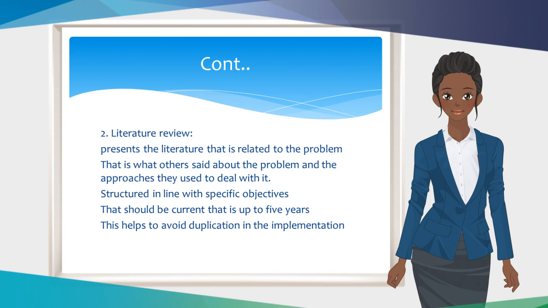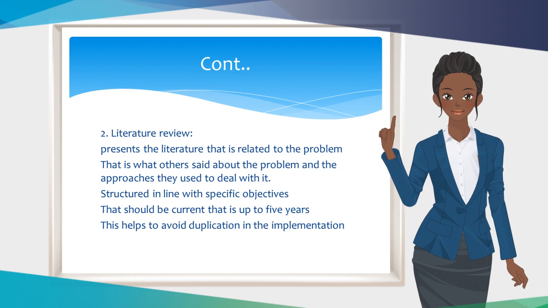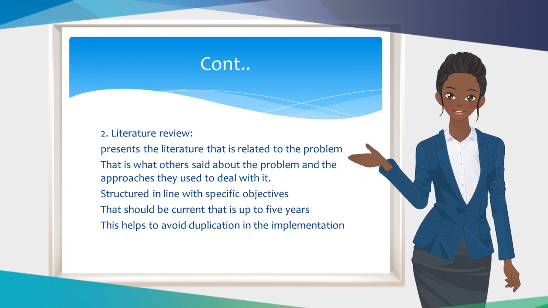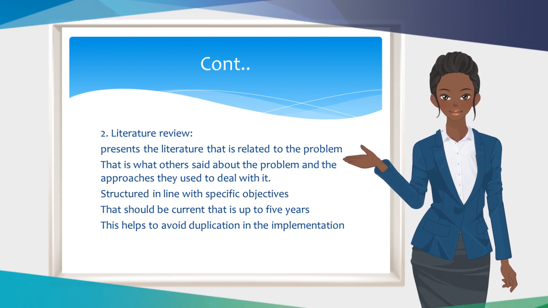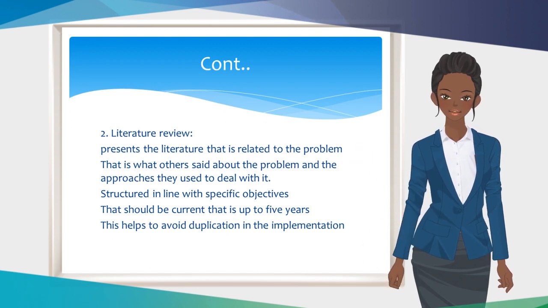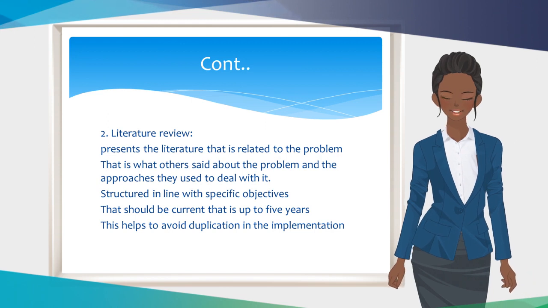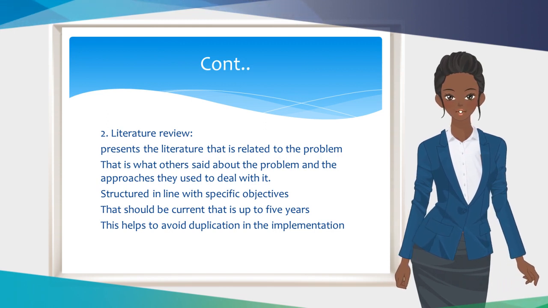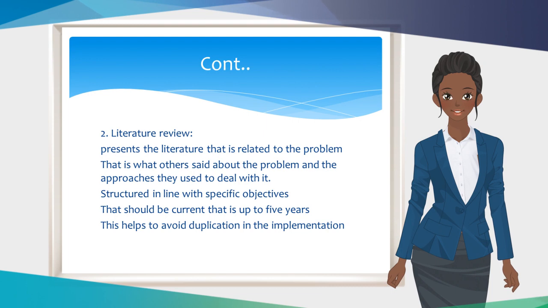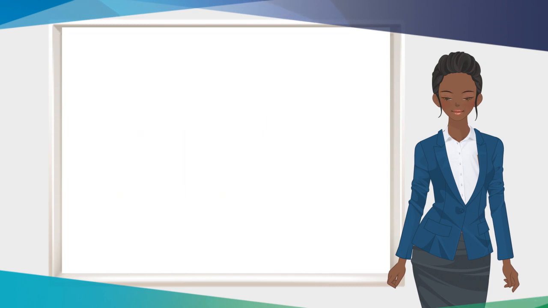Literature review. This presents the literature that is related to the problem. You state what others said about the problem and the approaches they used to deal with it. You will structure this in line with specific objectives. The data used should be current, that is up to 5 years, to avoid duplication in the implementation.